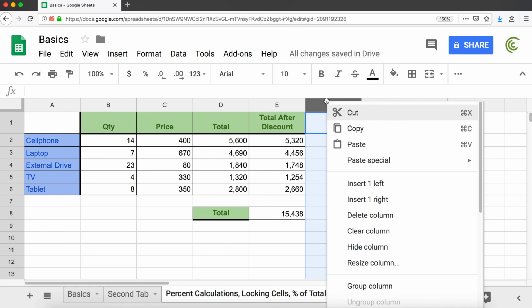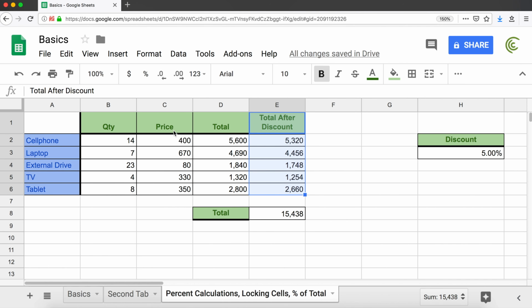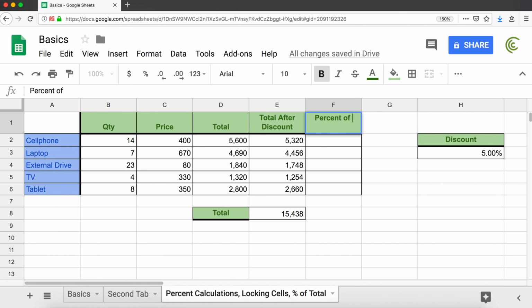Okay, I'm going to add a column now here. And again, we'll make it look like this. And what I want to do is calculate in this column % of total. And what I mean by that is I want to know what percentage in the total is my cell phone total.